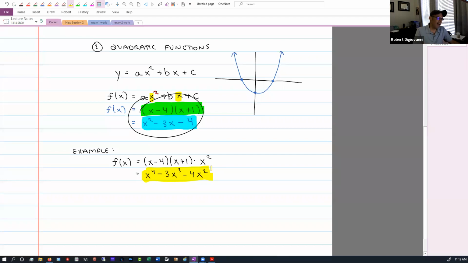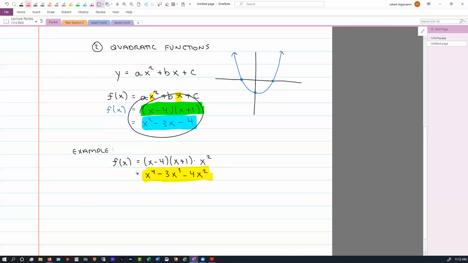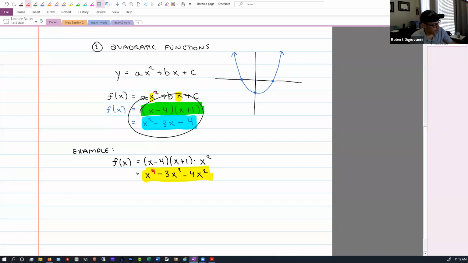Now, what is the highest power of x that we see here? So what's the highest power that you see? 4. 4, okay. So 4, the highest power of x, that is known as the degree of the polynomial.